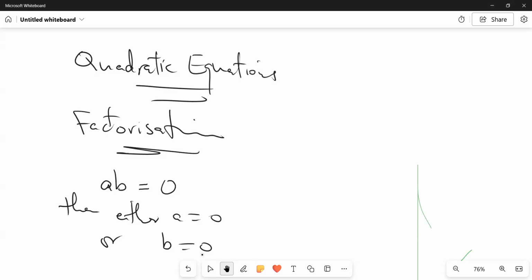If two numbers multiply to give you 0, then either one of them has to be 0. You agree?